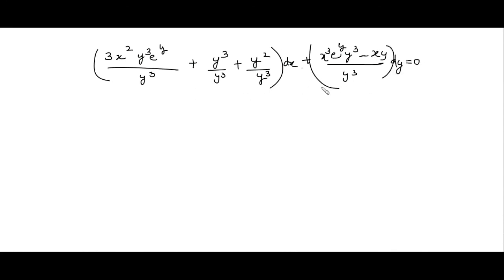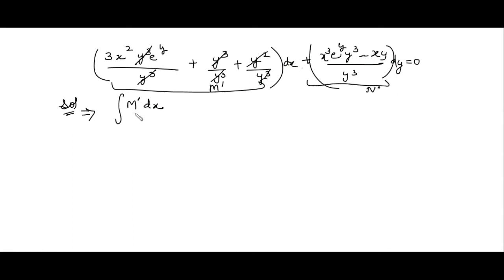Now you can verify that this equation is exact. So we get the solution. It is of the form, this y cube is cancelled out, this y cube is cancelled out, this is cancelled out. So we can integrate new m, call this as m dash, call this as n dash, by treating y to be constant, plus integration of n dash with respect to y, taking those terms which contain no x. So there is no term, so we consider this to be 0, is equal to c.